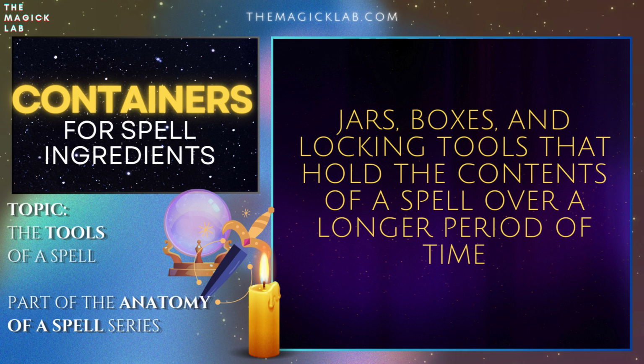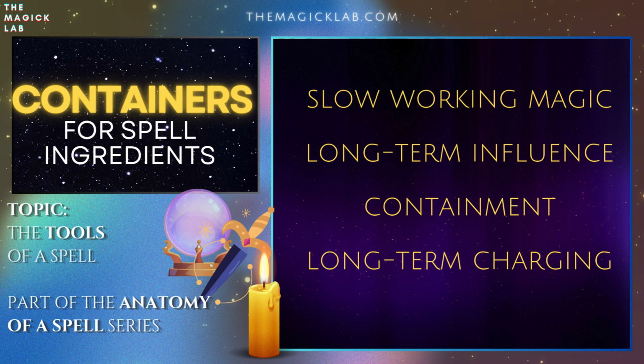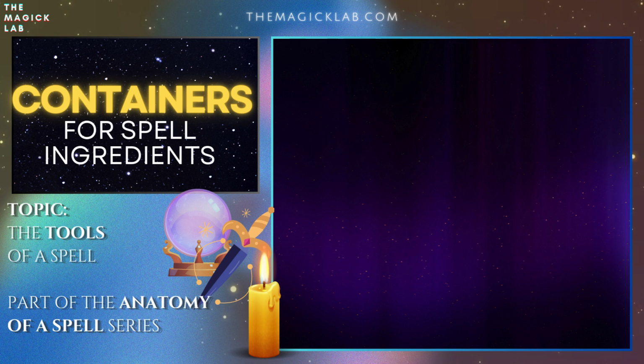And unlike a candle or a fire working, which release energy very quickly, containers allow a spell to work very slowly and very steadily. And they're meant to maintain focus and influence for long after the initial working. These containers are ideal for slow working magic, long-term manifestation, ongoing influence, containment, or charging a spell over time.